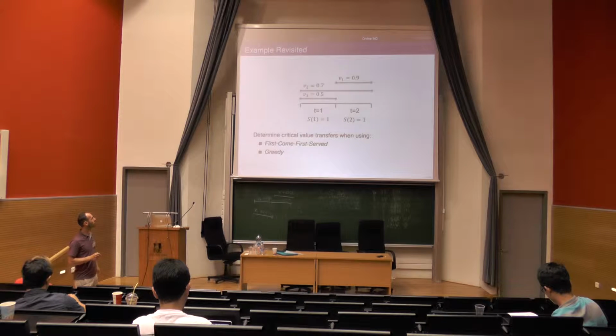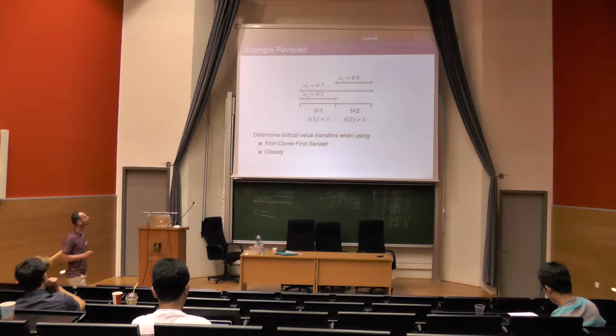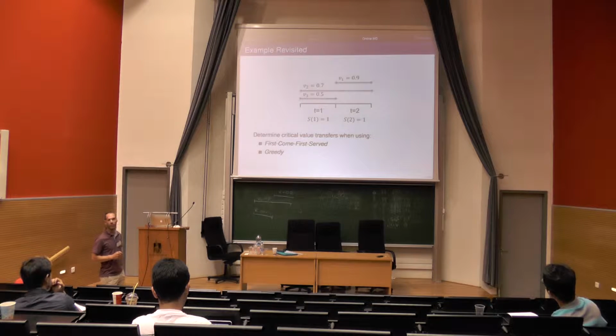So what could greedy allocate? Greedy knows that if he has both units, he gets 0.7. So we could say, okay, let's allocate this first unit here, and we may not know what's happening here yet.